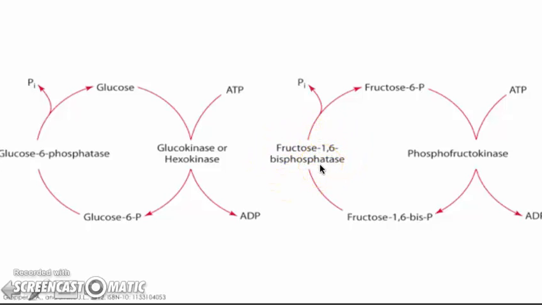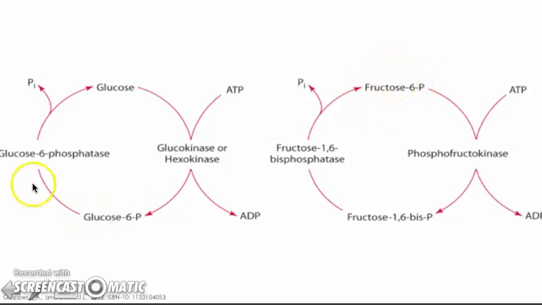So this specific phosphatase enzyme, active in gluconeogenesis, is fructose 1,6-bisphosphatase, which removes a phosphate group from fructose 1,6-bisphosphate. We see the removal of the phosphate group, converting it to fructose 6-phosphate.